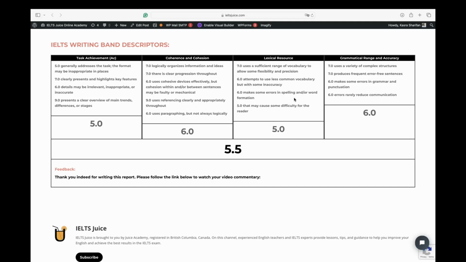Any factual mistake is bad. The root of the factual mistake might be lexical or grammatical, it doesn't matter. In either case, it is bad and it's confusing. So 5.5.